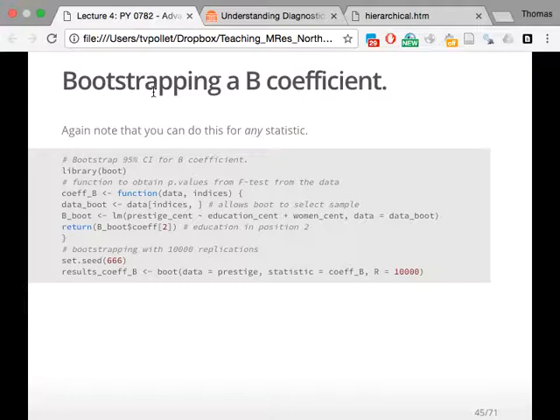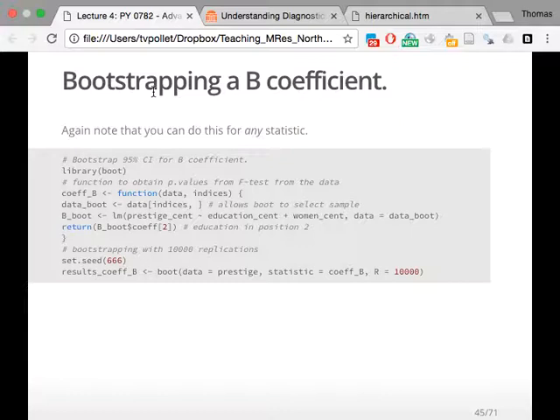The only thing you have to find out is which coefficient it should look for and where. In this case, we tell it to go to the boot, find the coefficient of position 2. If we have multiple models and there was a variable at position 3, this would be 3, 4, etc. Because 1 is the intercept for an unstandardized model. That's why it's 2.